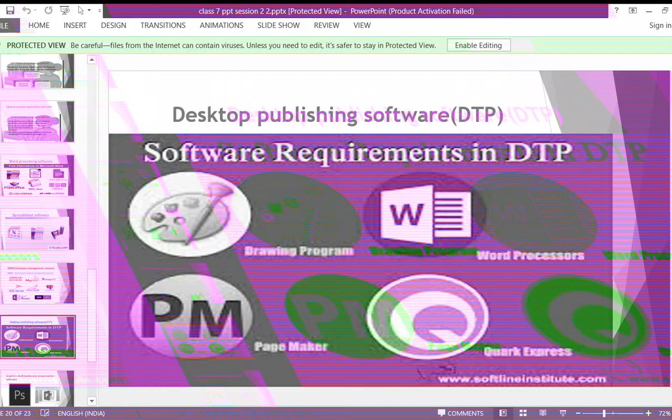Yes or no? So whatever textbook PDF is created, it is with the help of this different software, that is desktop publishing software. Understood now? Any doubt?